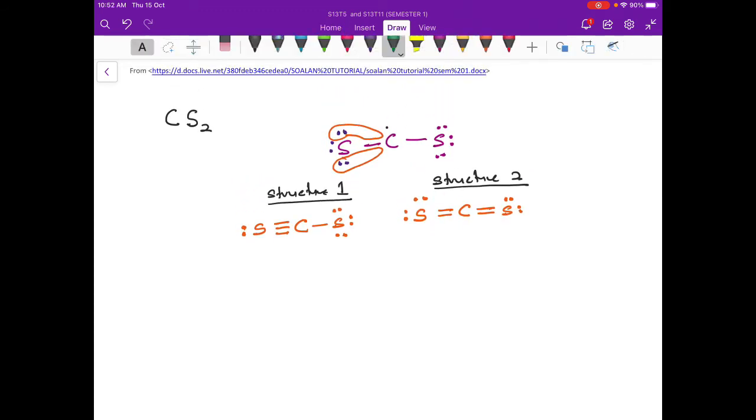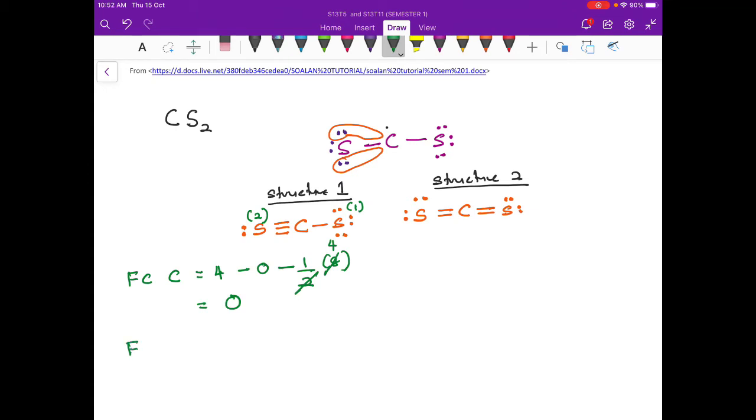Okay, I draw the formal charge for carbon. We have 2 sulfur, not identical, so we label this as sulfur number 1 and this as sulfur number 2. I calculate for carbon first. The valence electron is 4 minus, there is no lone pair around carbon, which is 0, minus half from the bonding pair. 1, 2, 3, 4 become 8. It is 0.